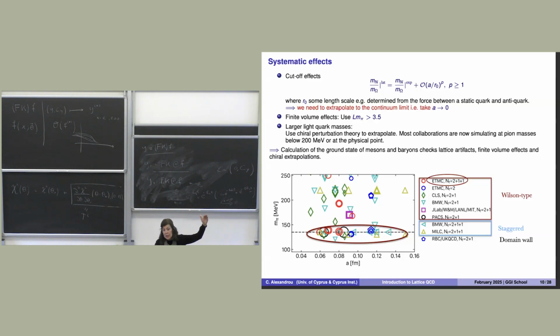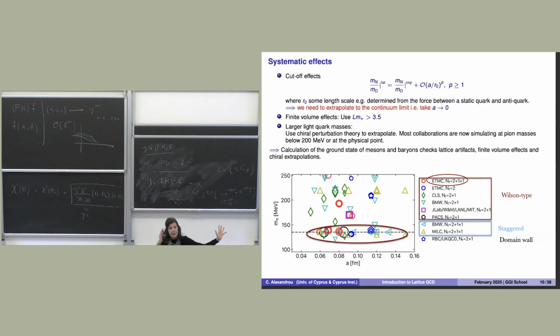If you are Lüscher, you are very strict, you want to preserve the locality of your action. Smearing the operator in the limit a goes to 0 is fine, because you smear only the spatial component mainly. You don't affect the time evolution.